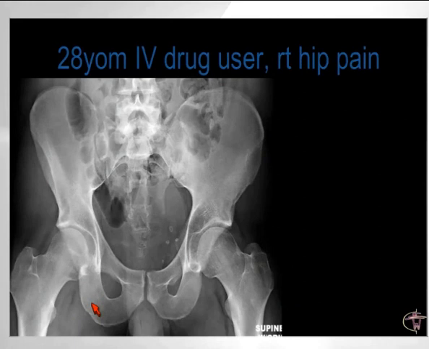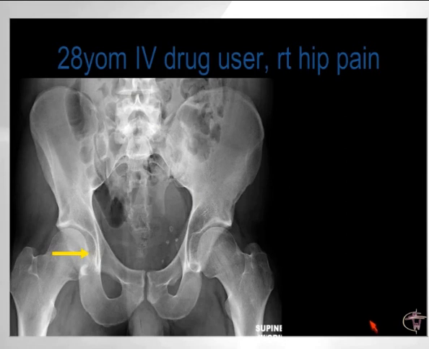For the last part of this talk, I want to talk about things that usually are more radiodense. We shouldn't have difficulty finding these foreign bodies. Well, quick show of hands, who sees the foreign body in this case? It's right there.